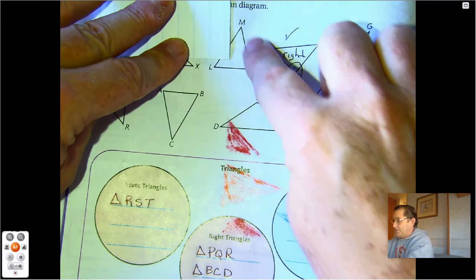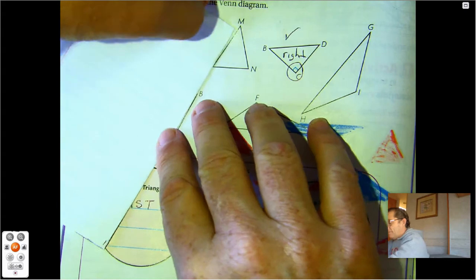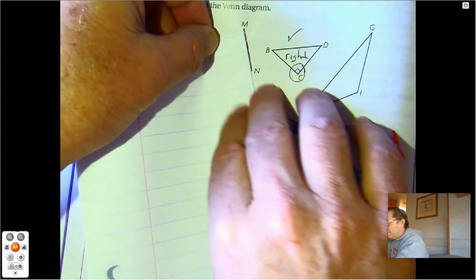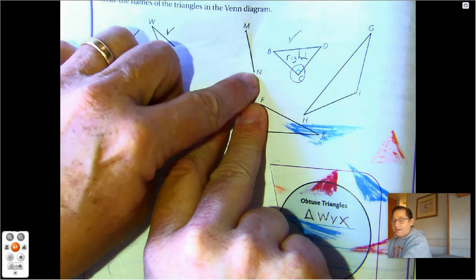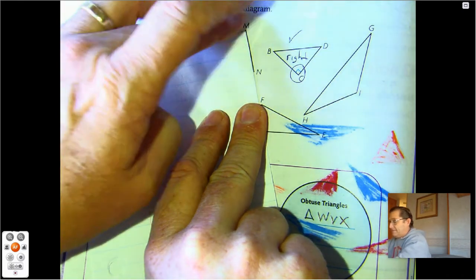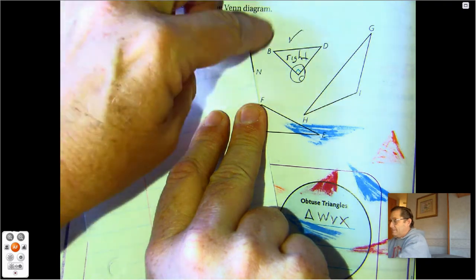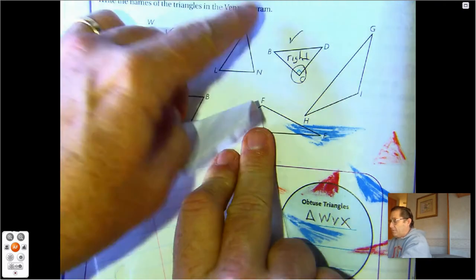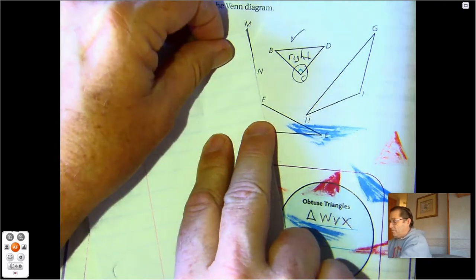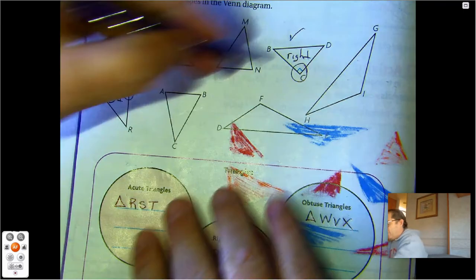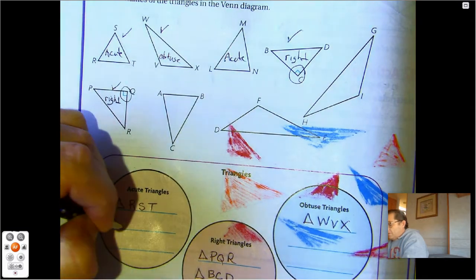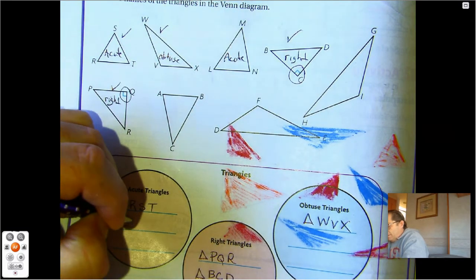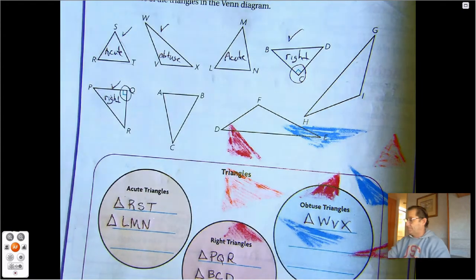So that's an acute angle. And M, okay, if I line up the side of my paper with this ray, I don't see the other ray here. So this is an acute triangle. So triangle, I don't know, LMN.